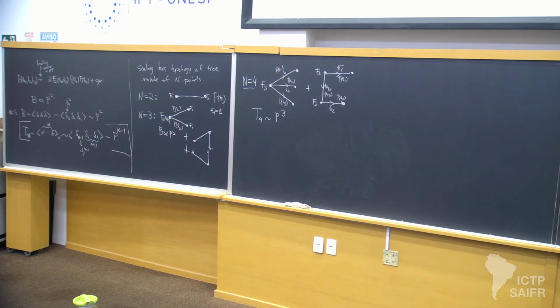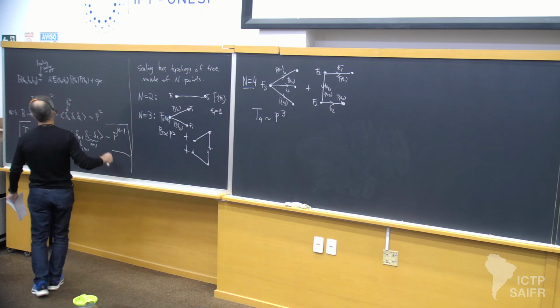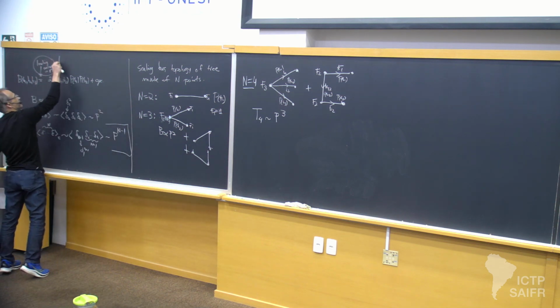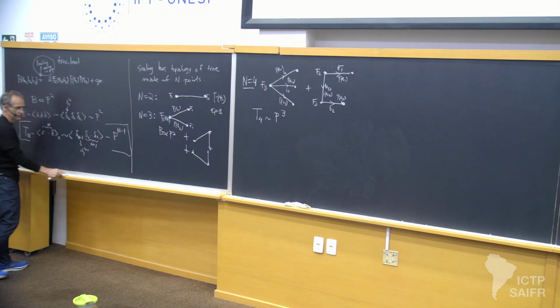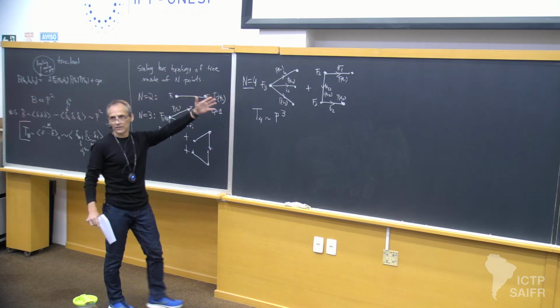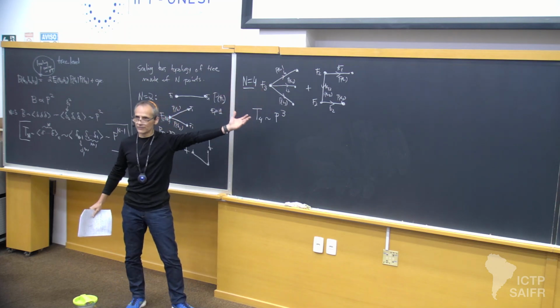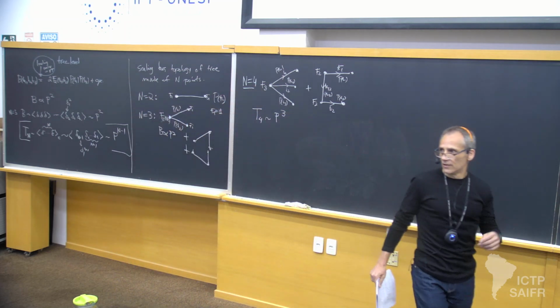And so for that reason, instead of talking about leading order perturbation theory, we say tree level. Because the lowest way you can make a connected diagram with N endpoints is by drawing a tree, with no loops.